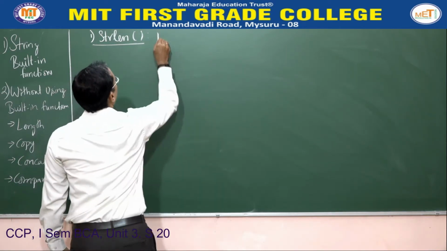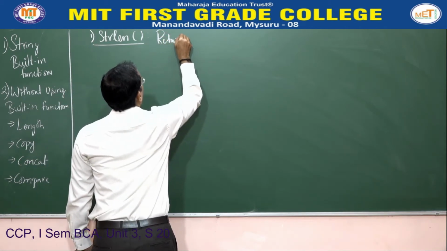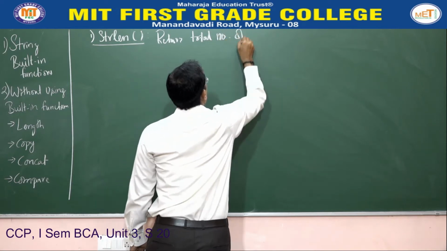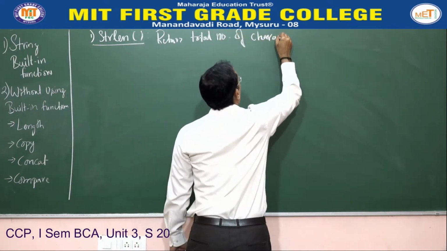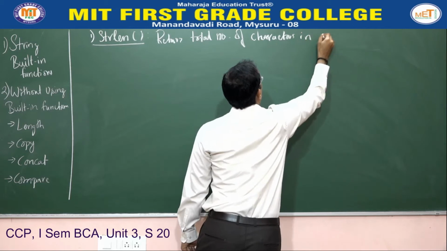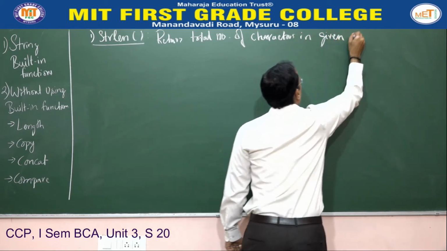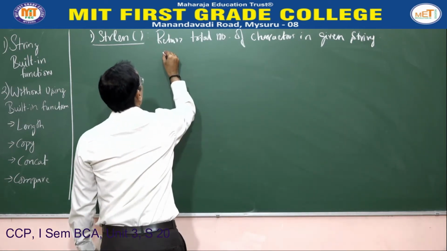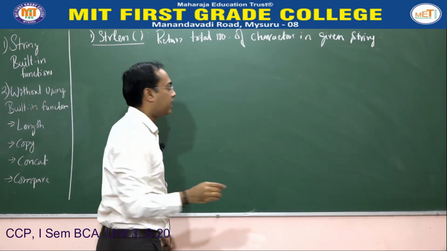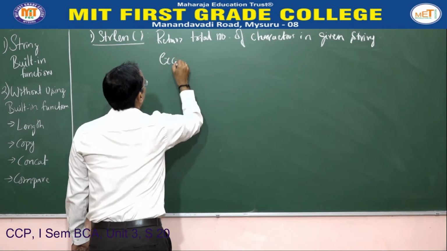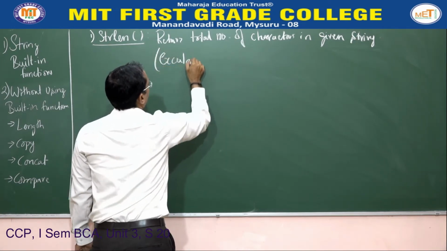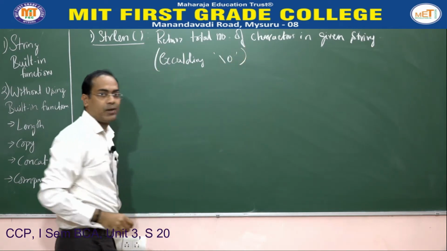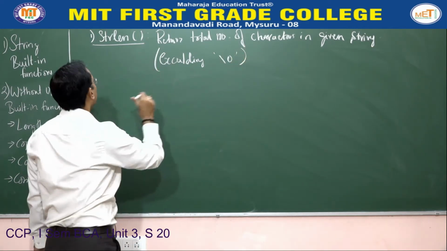It returns the total number of characters in the given string, and it will not count the end of string character, that is, excluding \0. \0 is the end of string character.